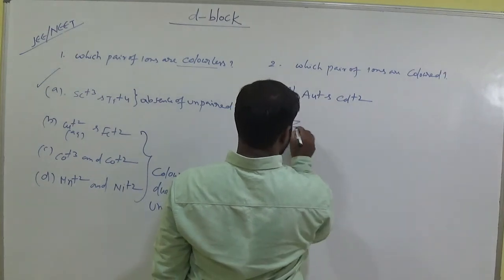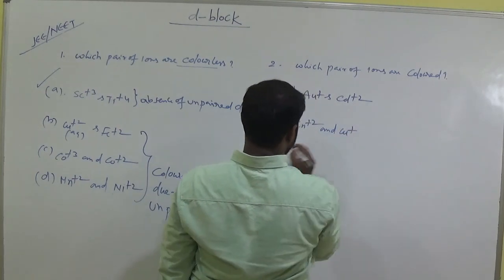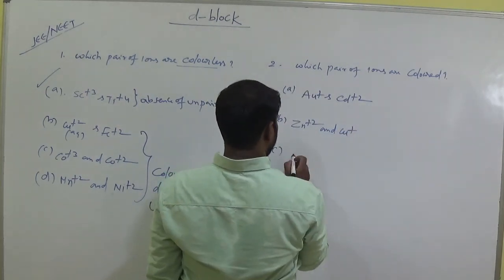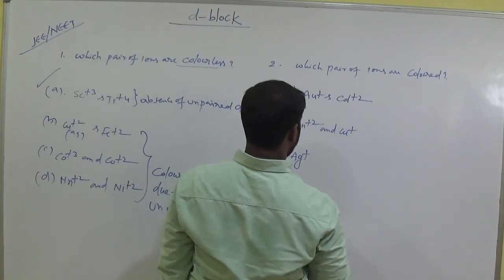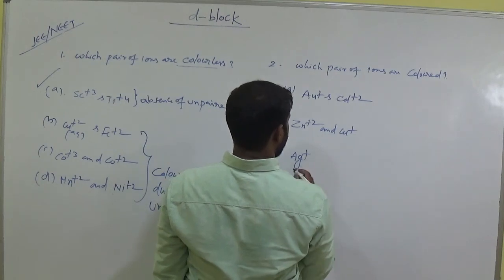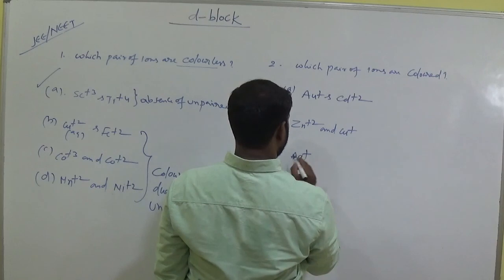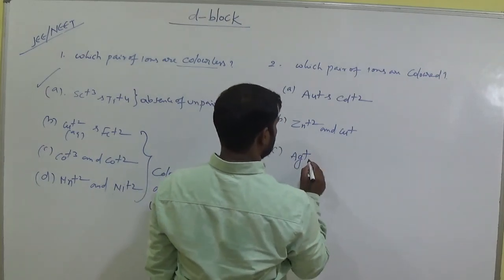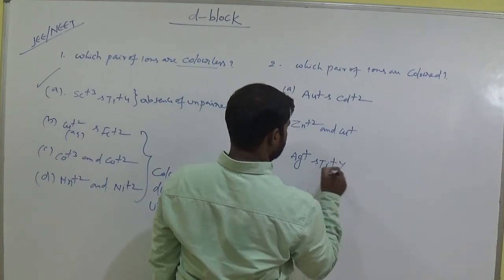Option B, Zn plus 2 and Cu plus. Option C, Ag plus and titanium plus 4.